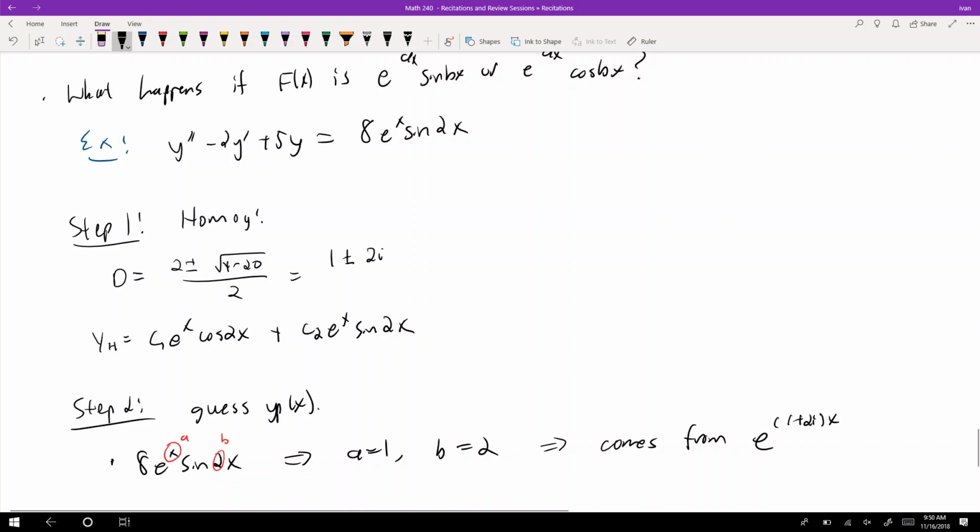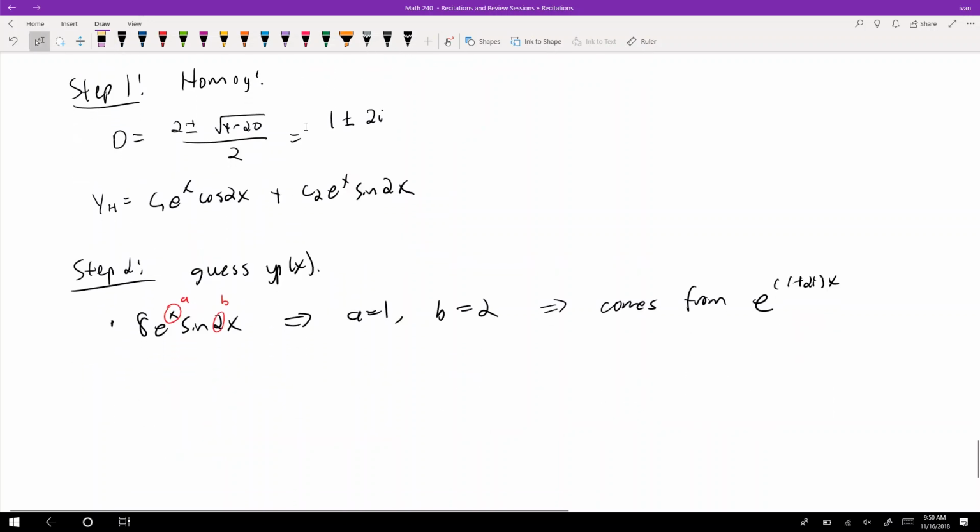Okay? And the idea is the following. Since it comes from e to the 1 plus 2ix, we then want to guess yp of x is equal to some constant, let's say a naught, times e to the 1 plus 2ix.